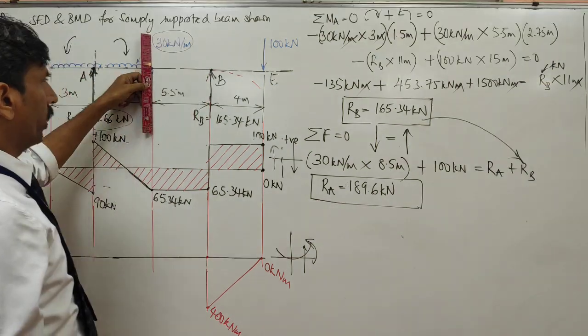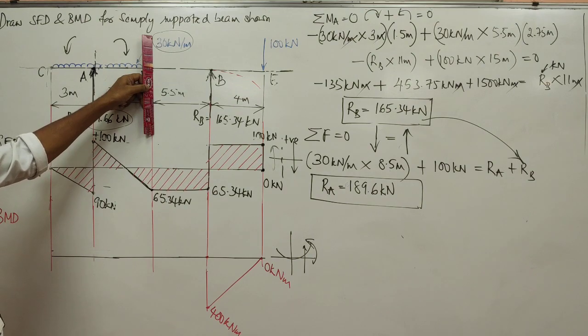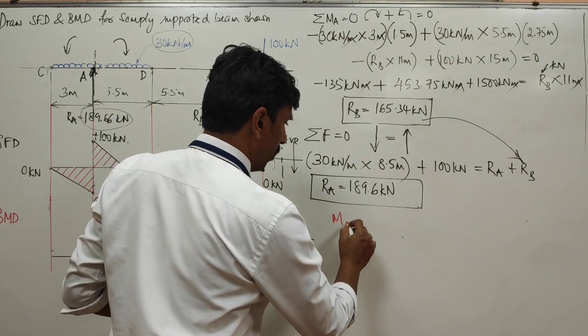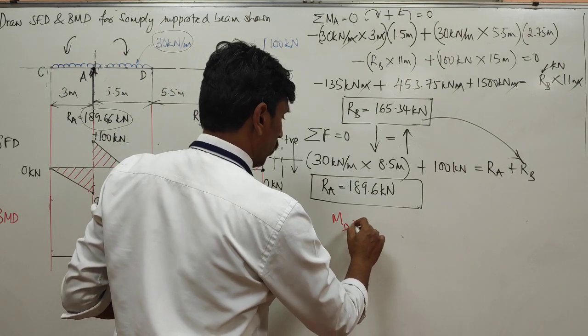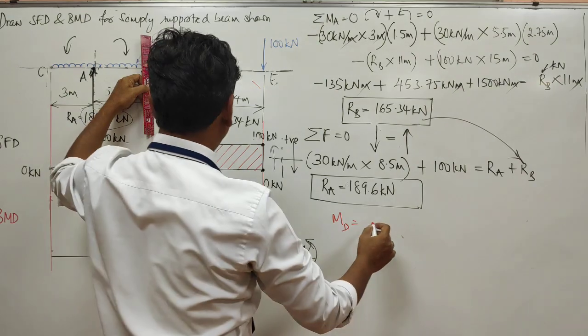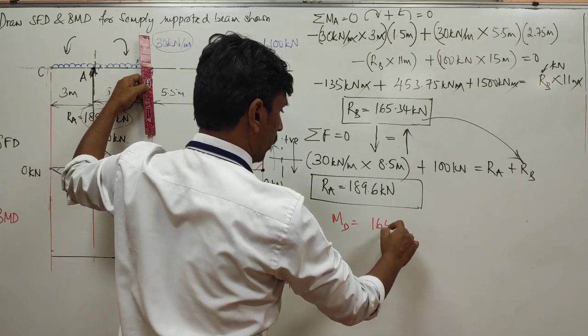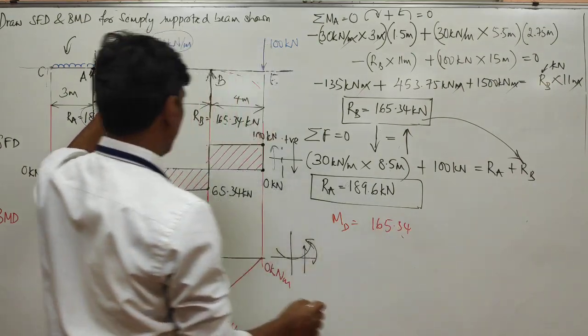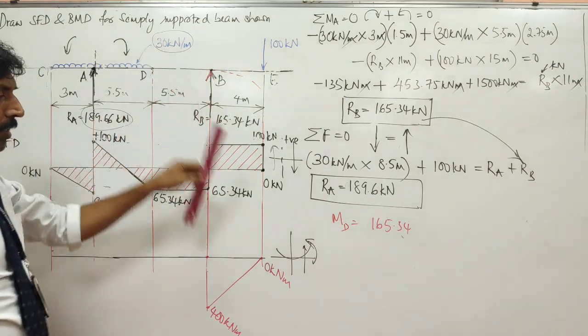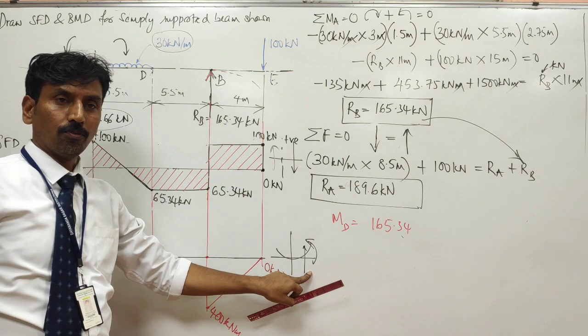And then you go to this point. When you go to this point, let me write it here. So bending moment at D. Moment at D is equal to this reaction force at B, which is actually 165.34. Guys, this force as per this, is it positive or negative?